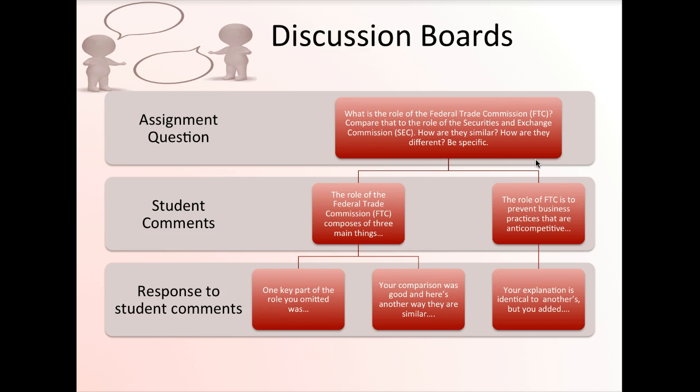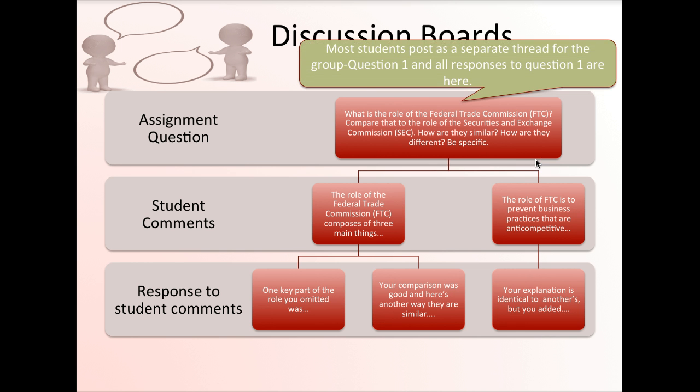The second part of this diagram that I have on the discussion board slide is student comments. And then third is response to student comments. So most students post as a separate thread for the group question 1, and all responses to question 1 are here. As I mentioned with the previous slide, that's because then the comments make sense.